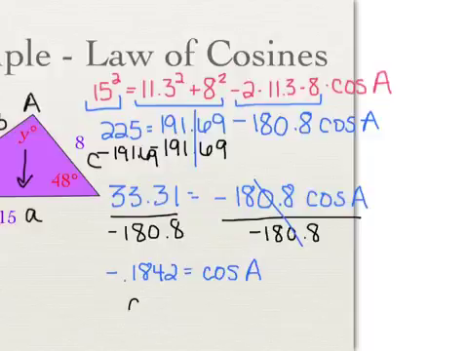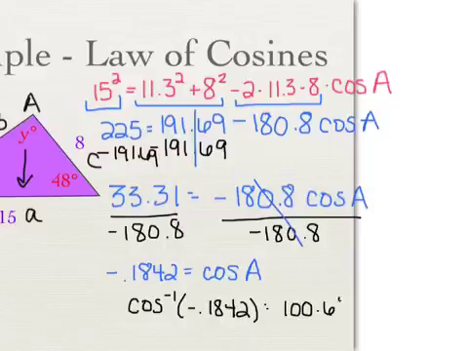I'm going to do cosine negative 1 of negative 0.1842. And I get like 100.6 degrees. Okay? That makes sense. Good?